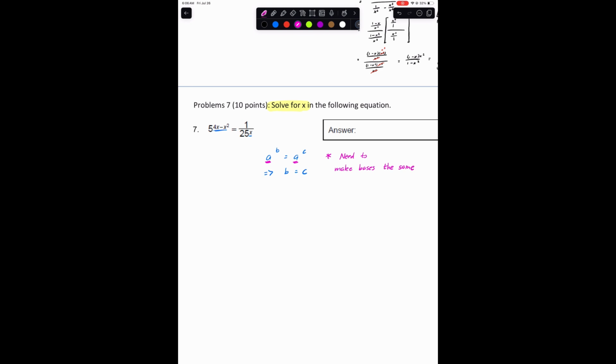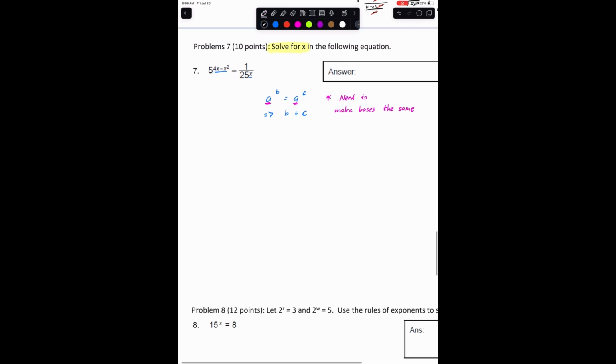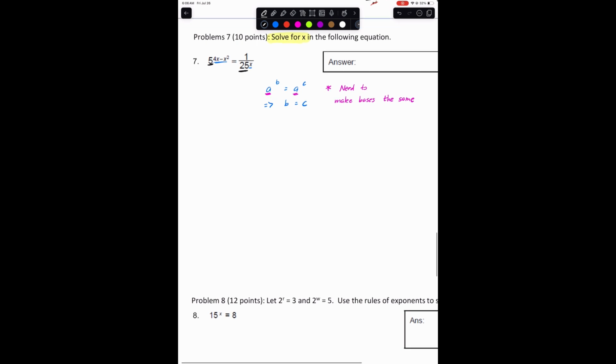Okay. So if I look at this, I have a 5 as one base and a 120 and a 25 on here. So I'm going to write it out here so I can do my work. Equals 1 over 25 to the x. What I want to do is bring this up to the numerator because this is like 5 over 1.